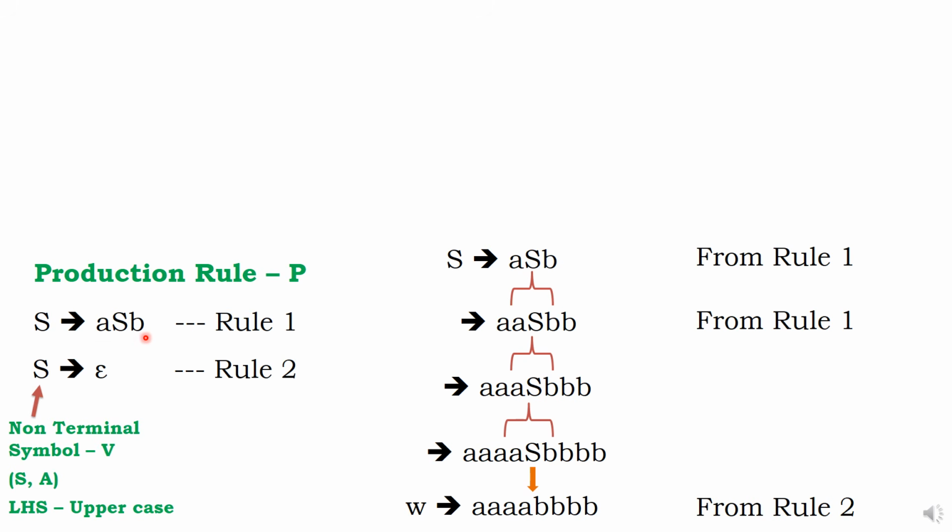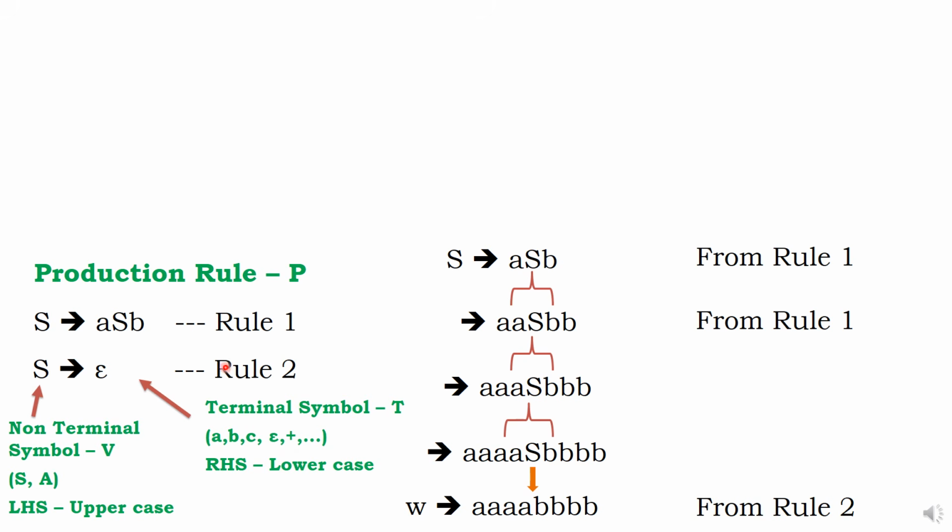No. Can I replace the small b? No. All small letters including epsilon, sometimes plus, minus, cannot be replaced. They are called terminal symbols. T stands for terminal symbols, small letter, lower cases, even plus minus also. We'll discuss later. V stands for variable, or you can also call it non-terminal symbols.